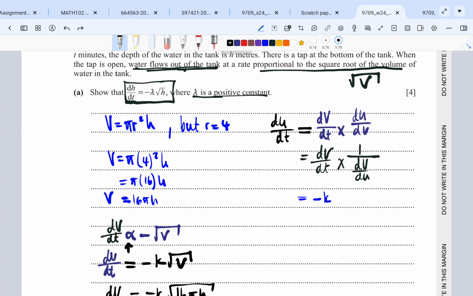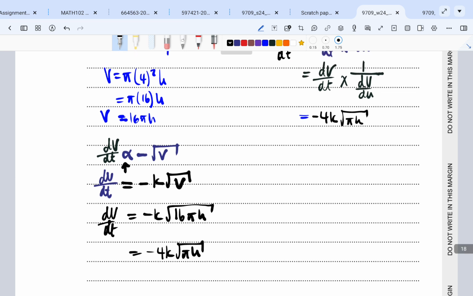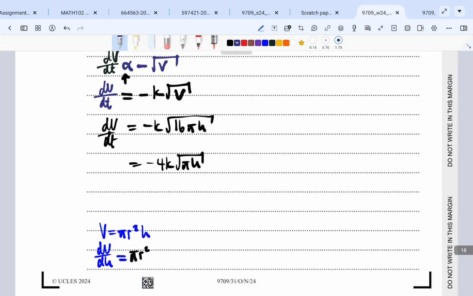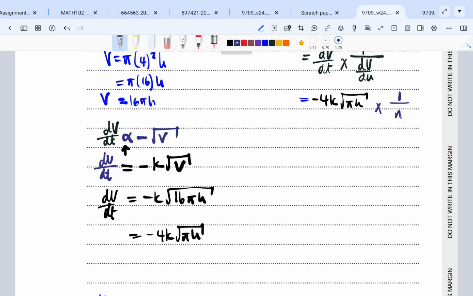dv/dt, it's negative 4k, so it's negative 4k multiplying the square root of pi h. And we can say this is going to multiply 1 over dv/dh. What is dv/dh? It is pi r squared, so it's going to be 1 over pi r squared.